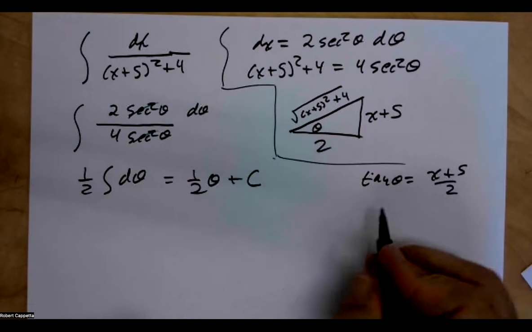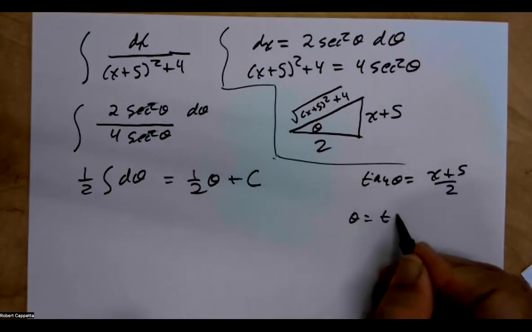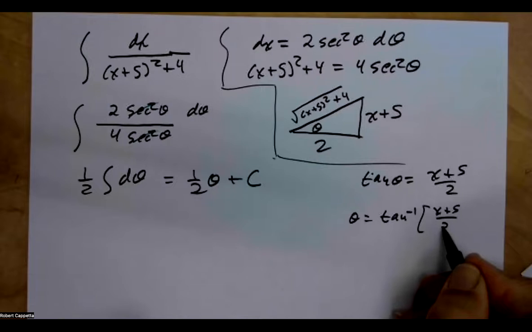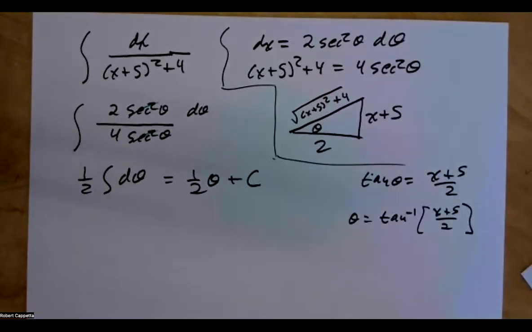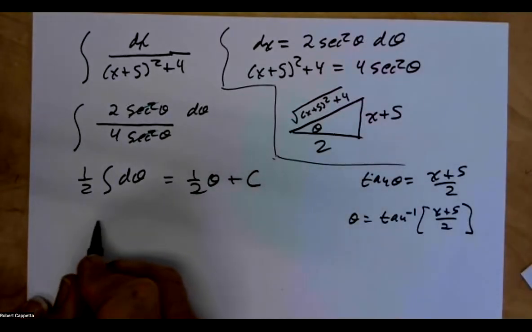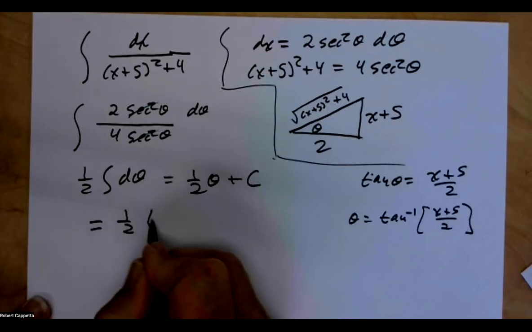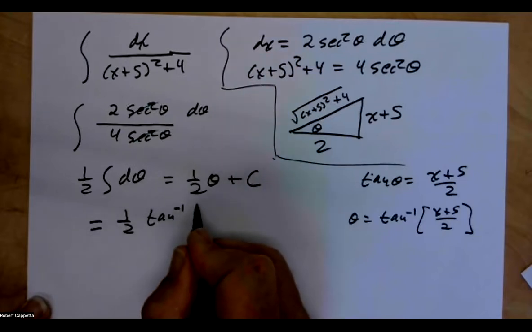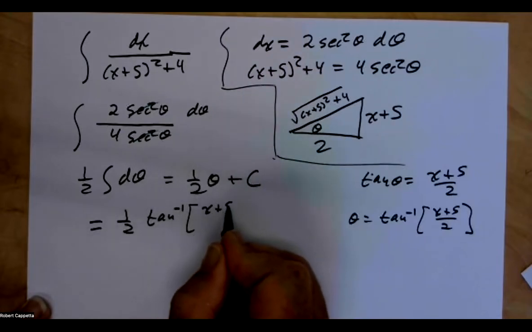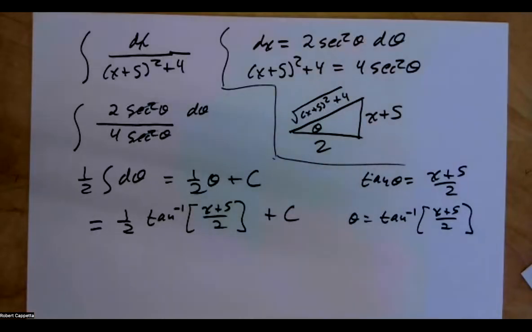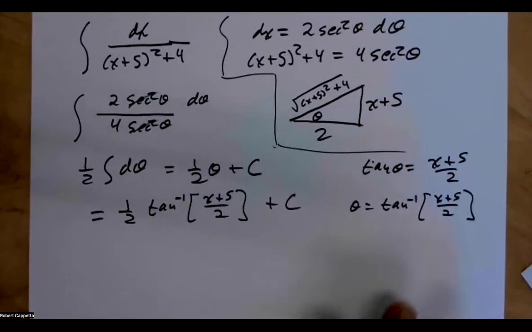Which means what is theta? Theta then is the inverse tangent of (x plus 5) over 2. So that takes me to my last step. So we get 1/2 of theta, 1/2 inverse tangent of (x plus 5) over 2 plus c. So we believe that is our integral of that function.